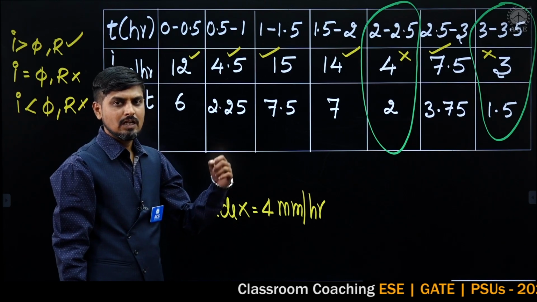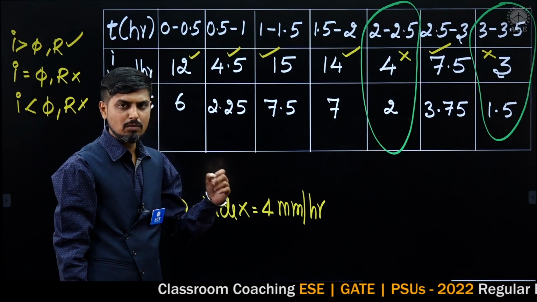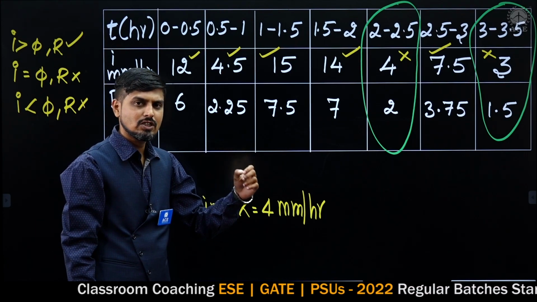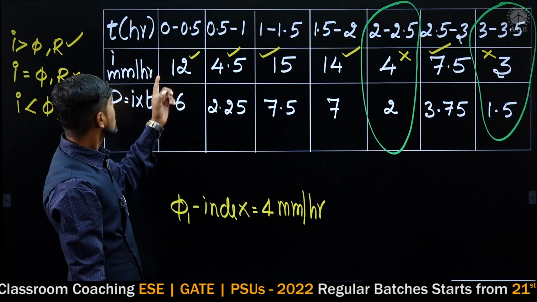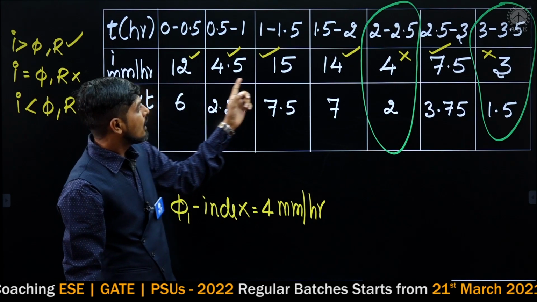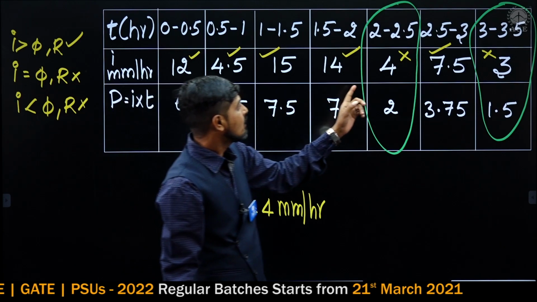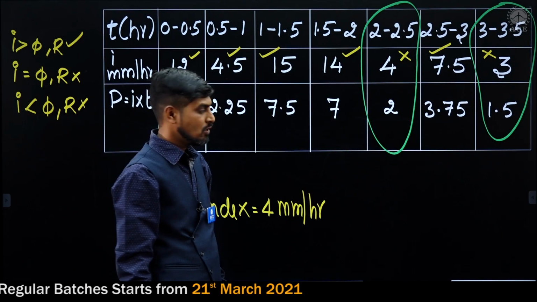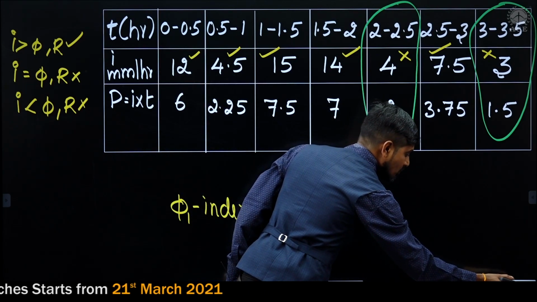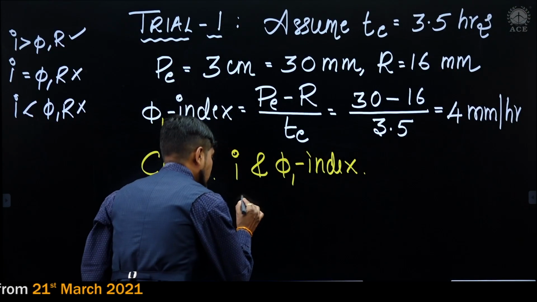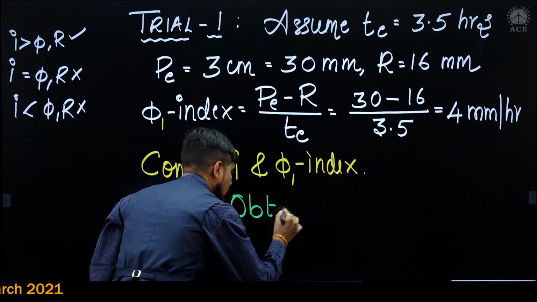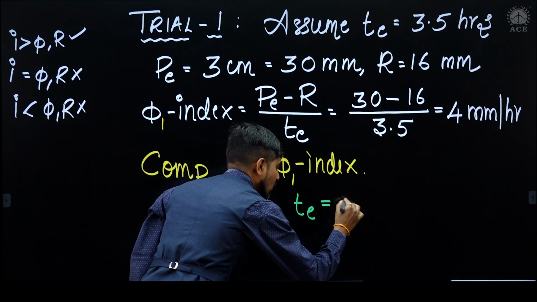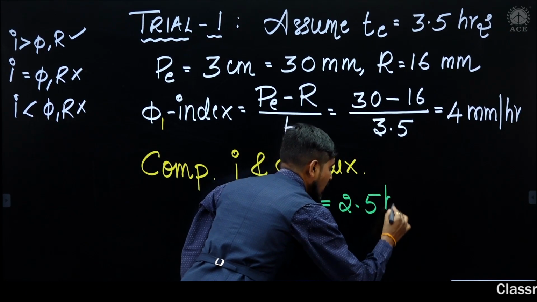So what is the actual TE, that is, the obtained TE, the time during which you are able to see the runoff? Total time is 3.5 hours. In that you have to remove half an hour and half an hour, so total 1 hour you are supposed to remove. So obtained TE is equal to 2.5 hours.